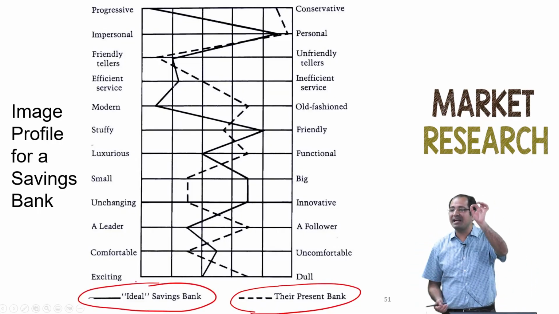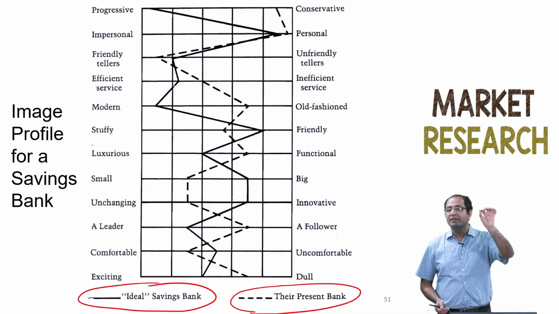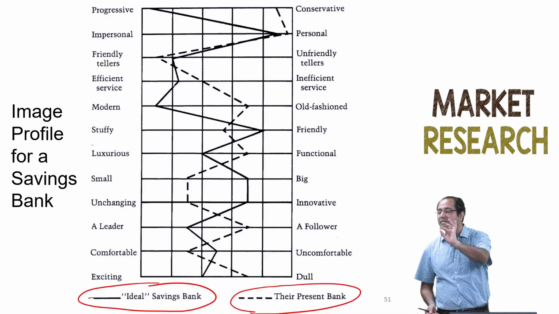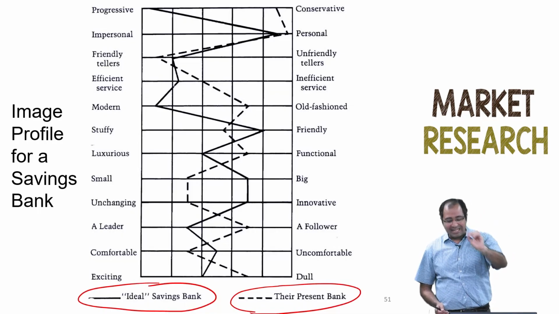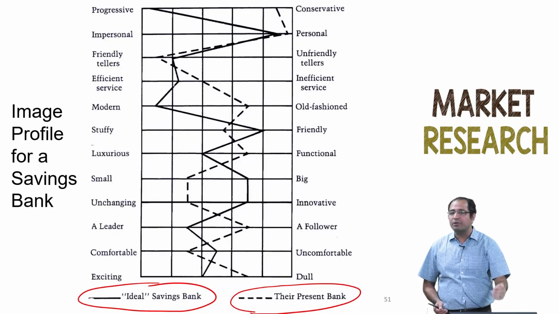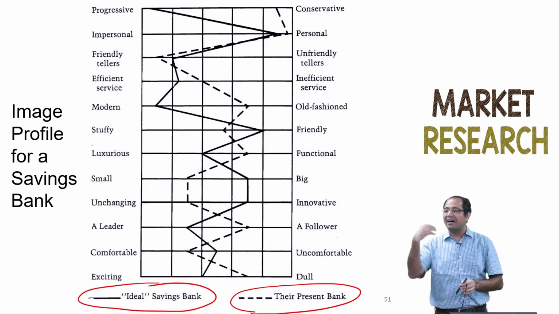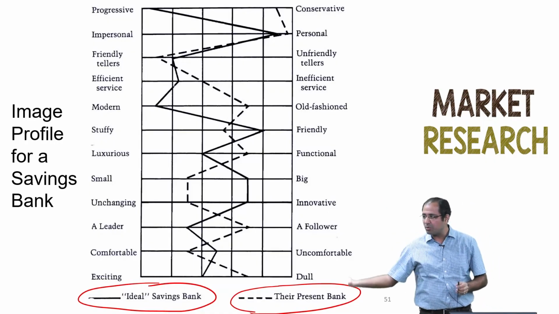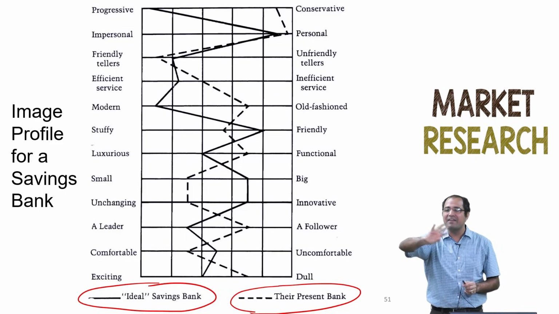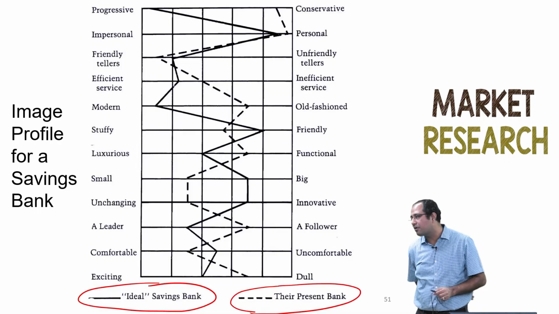You tell them to think about the ideal bank and mark how the ideal bank would be on these attributes, progressive, conservative, and so on, and then plot. Then ask them to rate my brand in separate questions, and then you can plot where you are in comparison to the ideal brand for your target market.